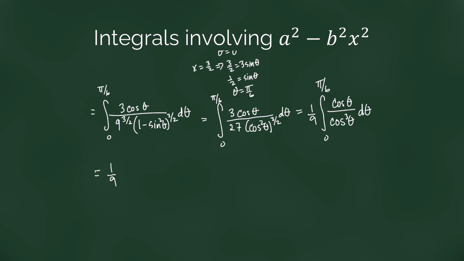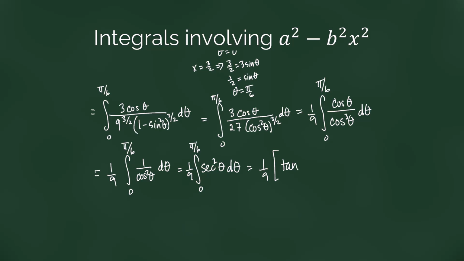So now we have 1/9 times the integral from 0 to pi over 6 of 1 over cosine squared theta d theta. But 1 over cosine squared is the same as secant squared. So now we have the integral from 0 to pi over 6 of secant squared theta d theta. And we know that the antiderivative of secant squared is tangent.